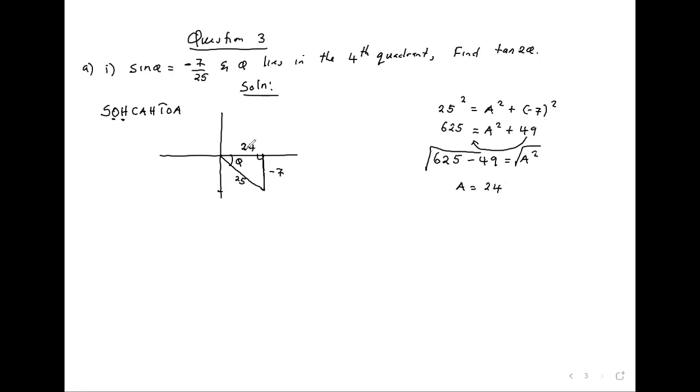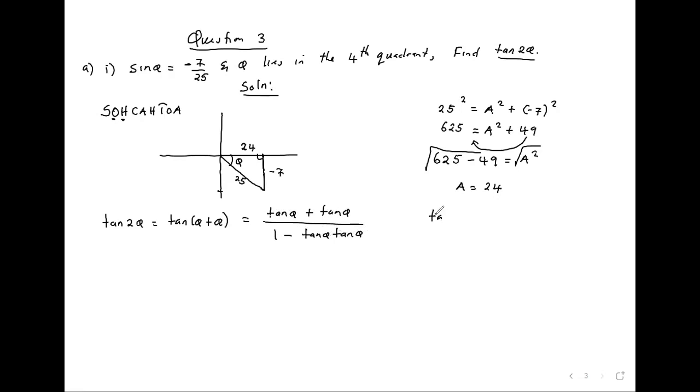And so we can now find tan 2 theta. So tan 2 theta is the same as tan of theta plus theta, which is equal to tan theta plus tan theta over 1 minus tan theta tan theta.